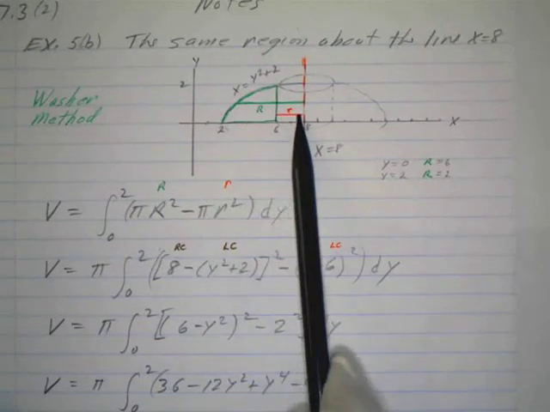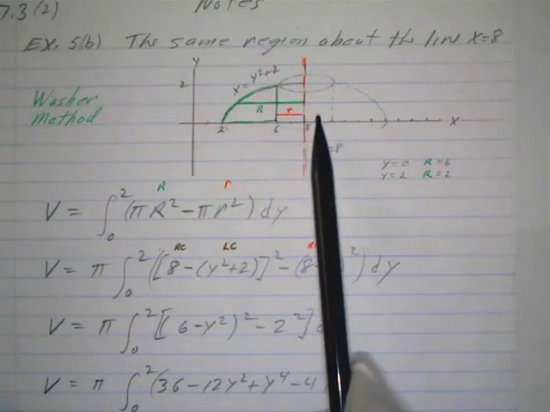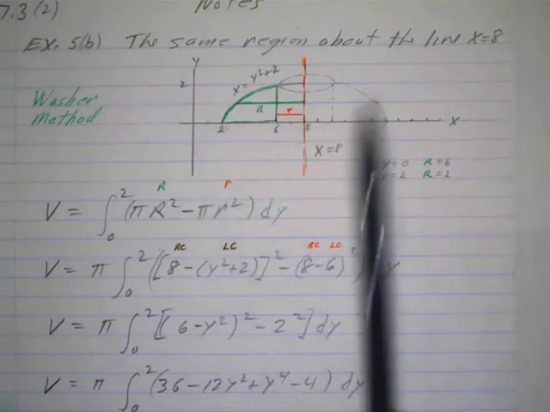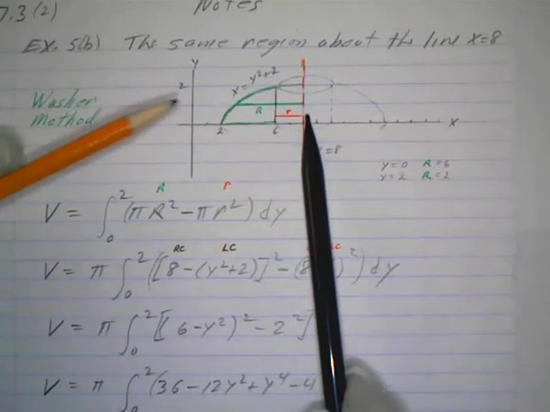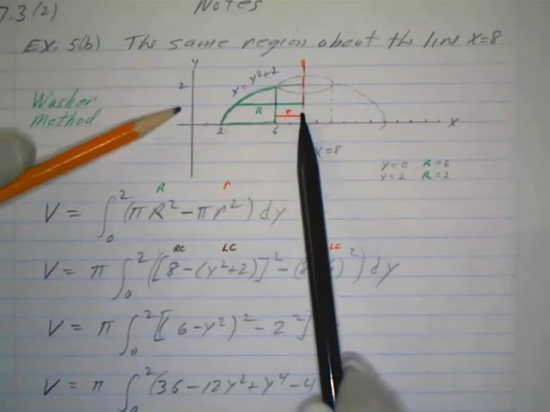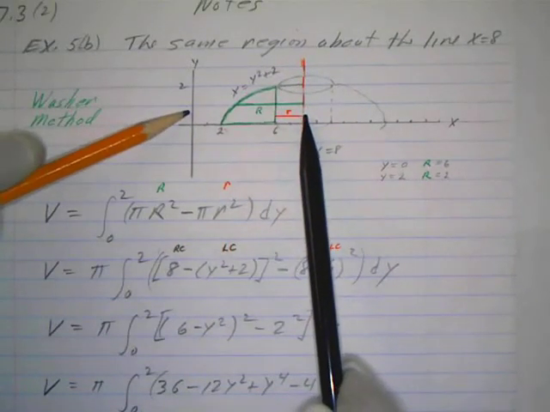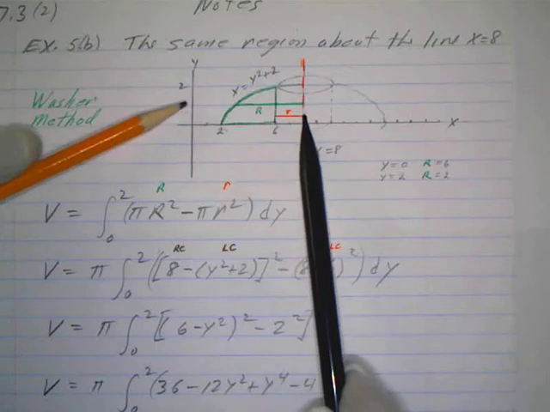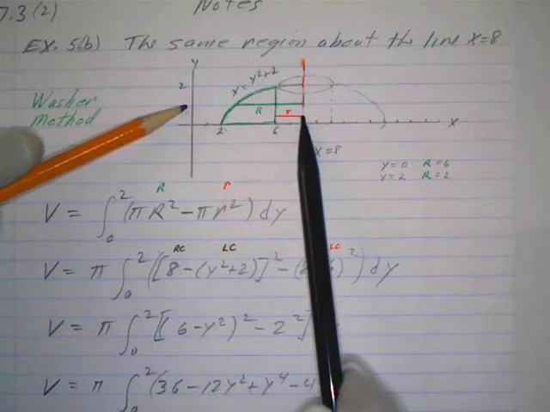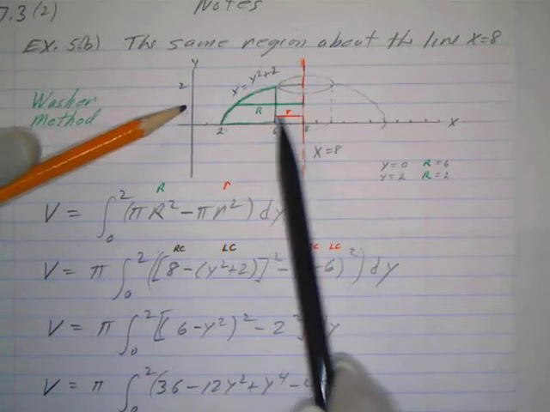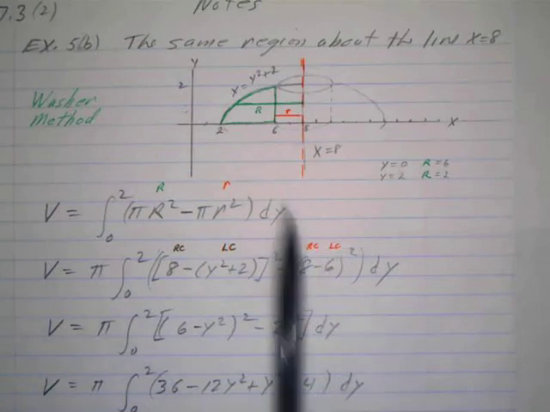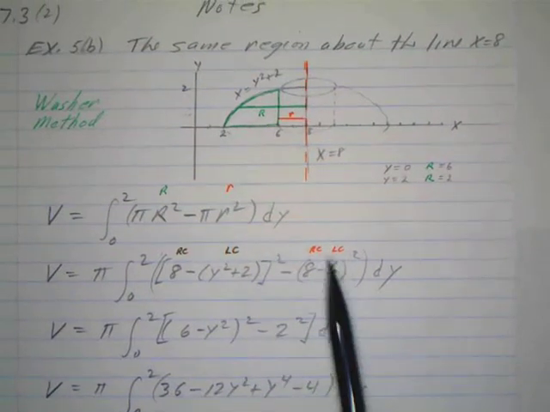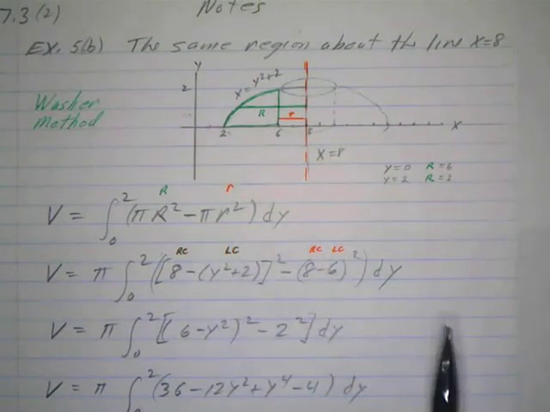The little r is constant: the distance from here to here, which is the right curve, 8, minus the left curve, 6. So what's 8 minus 6? It's 2, and that's constant. We can write it down here: right curve minus left curve.